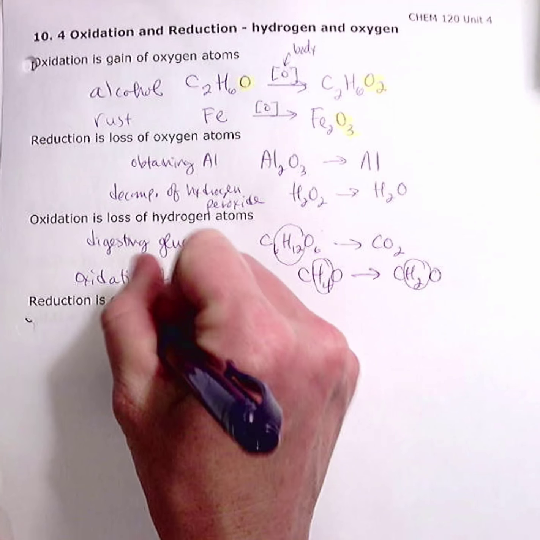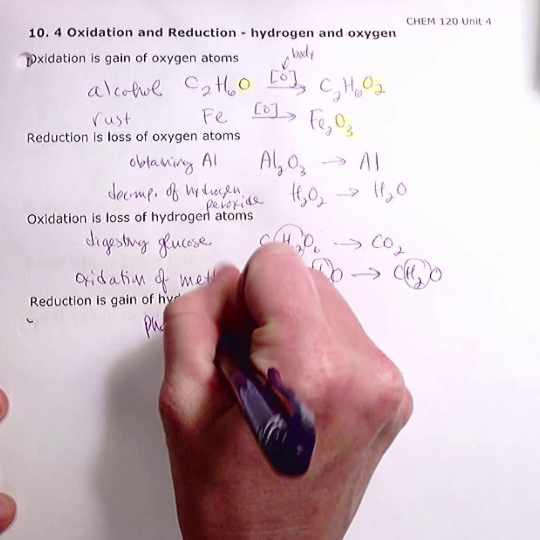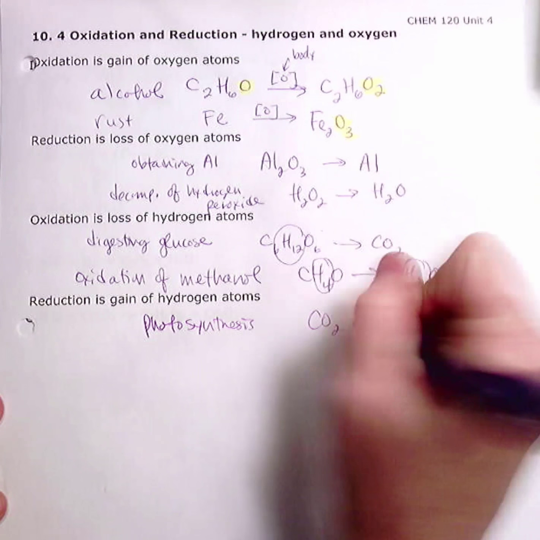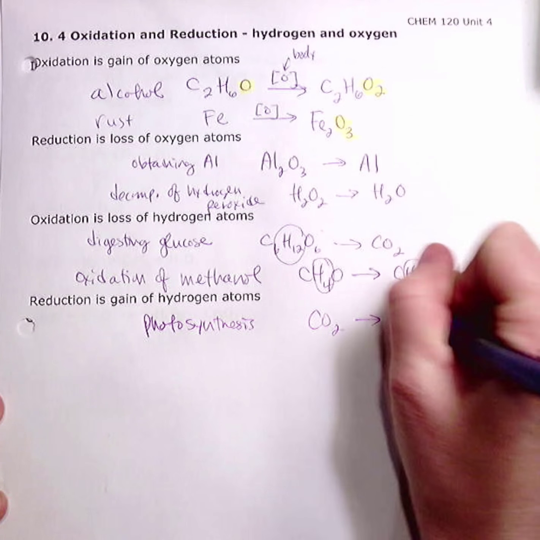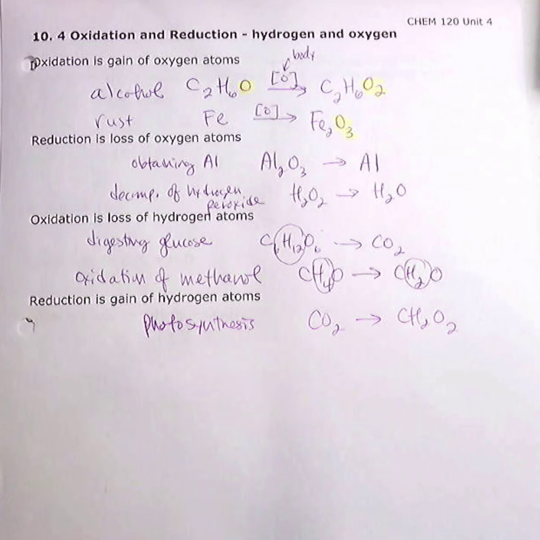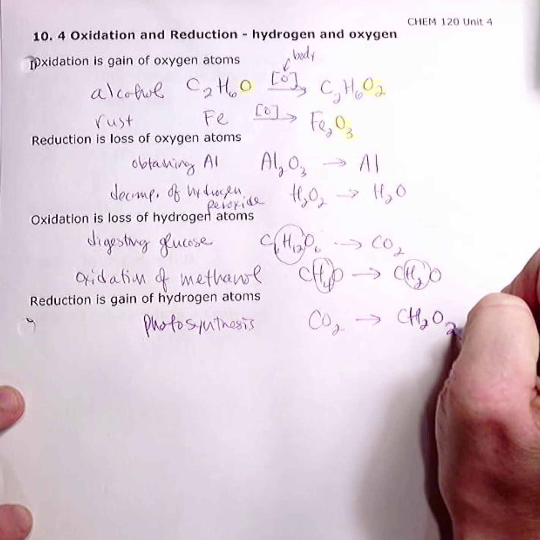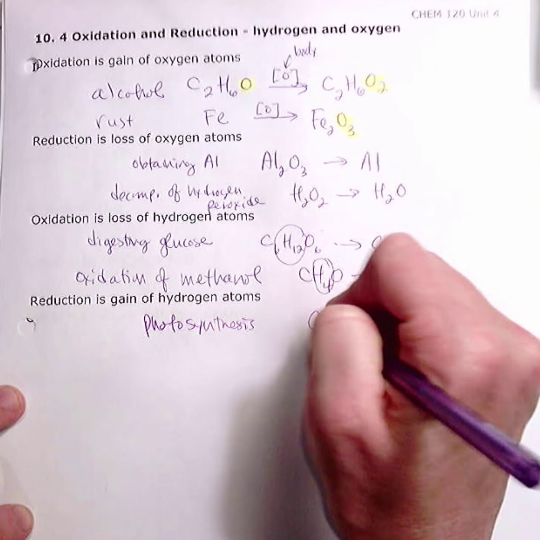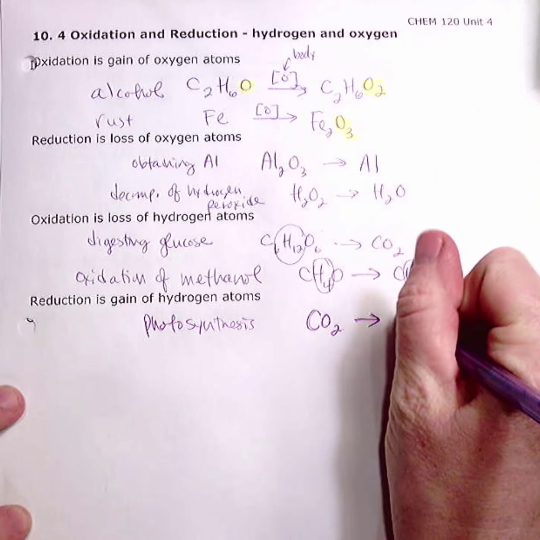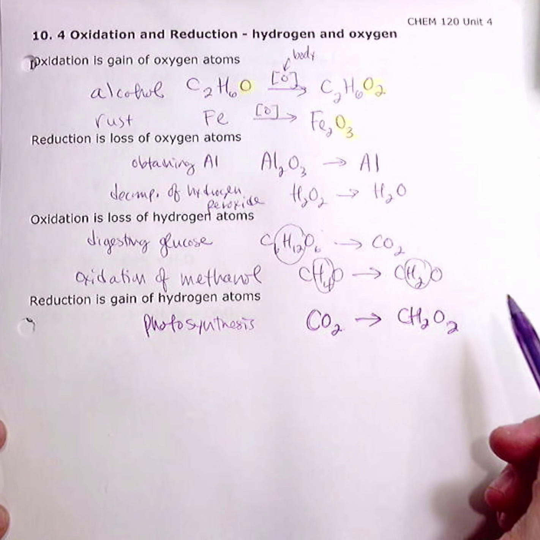So this is start of photosynthesis. So you get CO2 going to CH2O. So you're reducing this, you get a gain of hydrogen atoms.